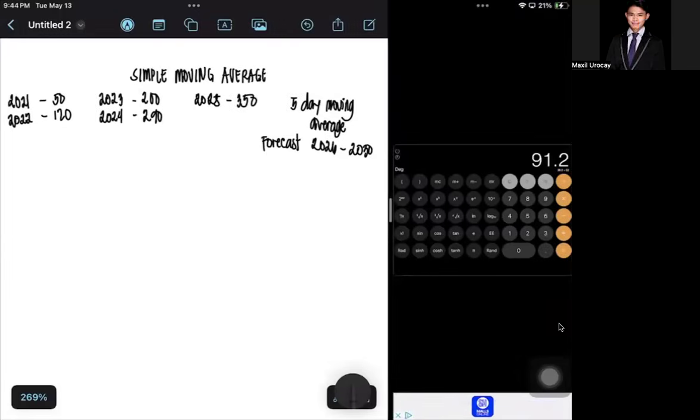Okay, so this will be the simple moving average example, where we have a data set from 2021 up until 2025. Our goal is to forecast 2026 up until 2030, given that we're using a 5-day moving average.